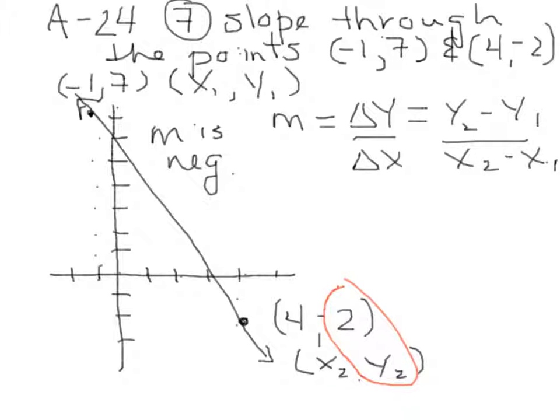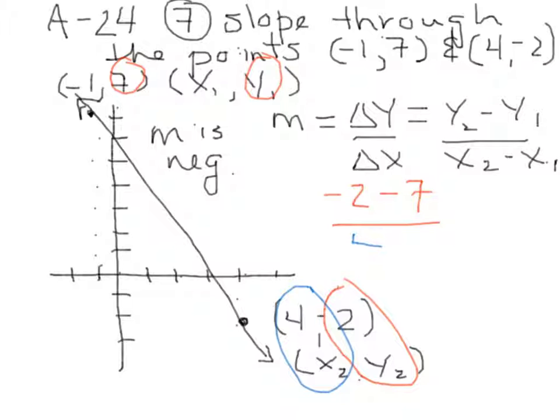I'll make that substitution, and I get -2 minus, and my y1 is 7, so minus 7 over, and my x2 is 4.